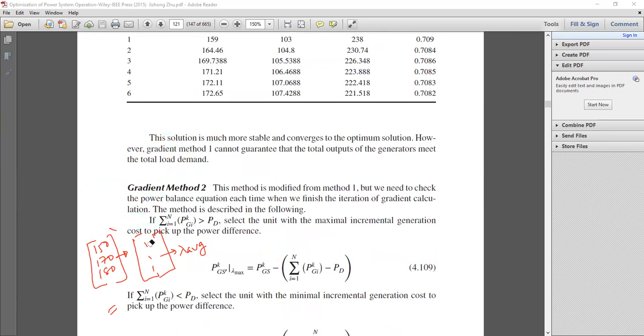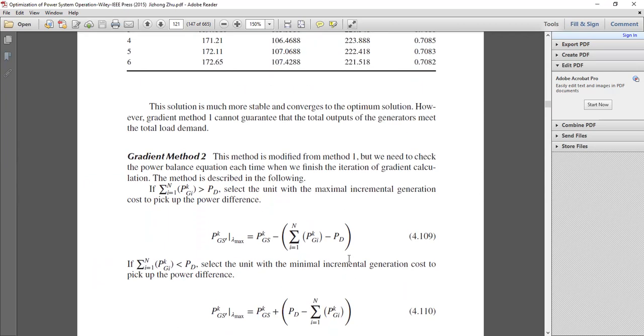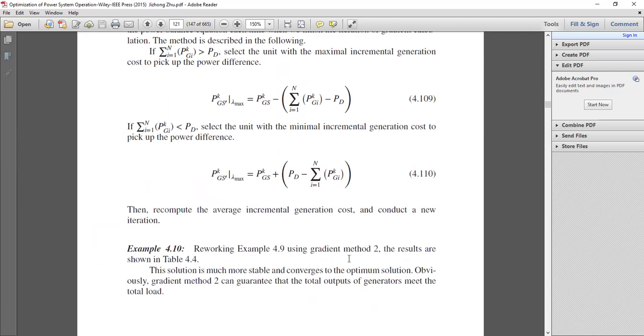Any question? That means in each iteration, you are calculating lambda at least twice. One with the value obtained using the gradient, and then if any of the conditions is violated, you update your PGs using this formula or this formula, and then you have to recompute the average lambda, and then you go for the new iteration.